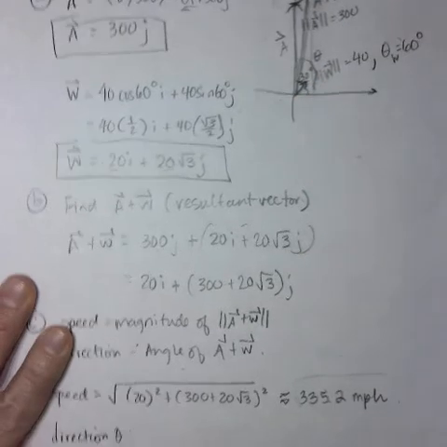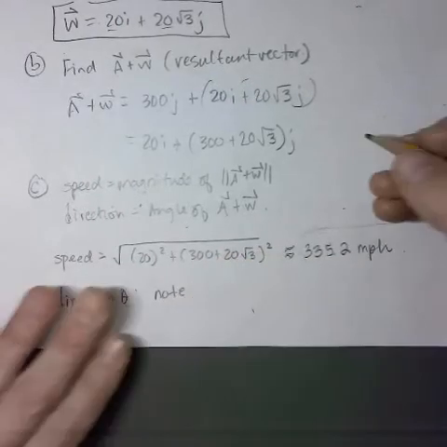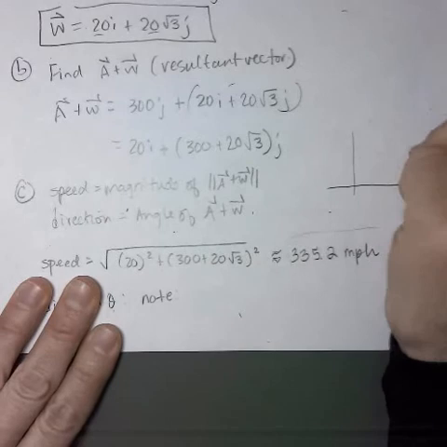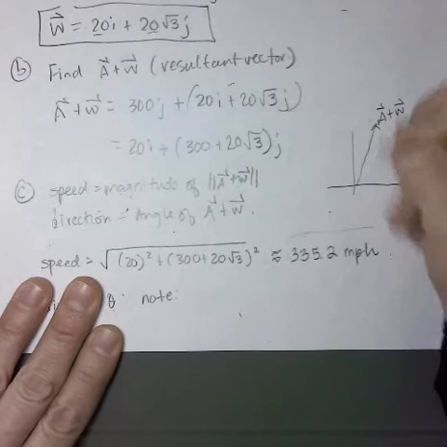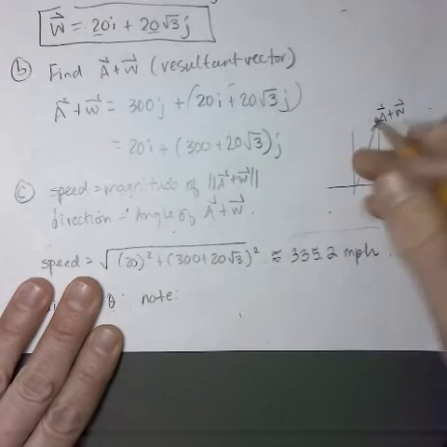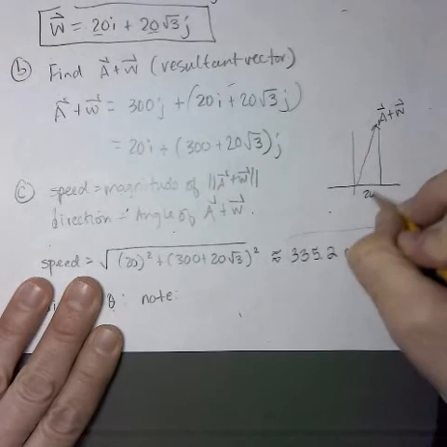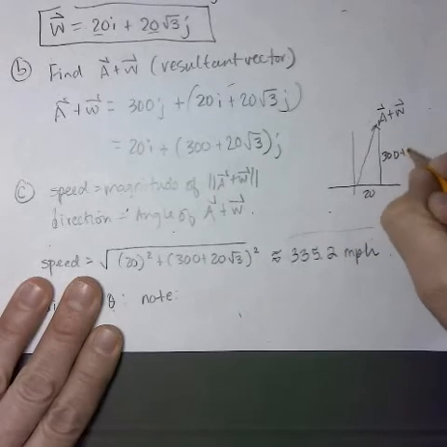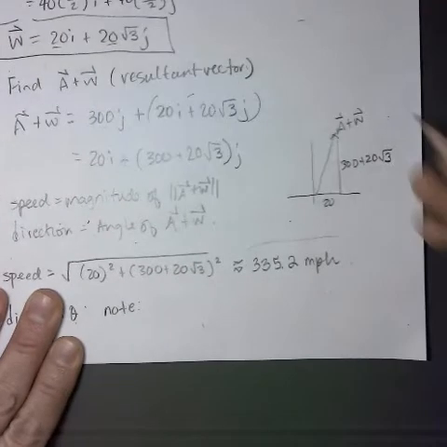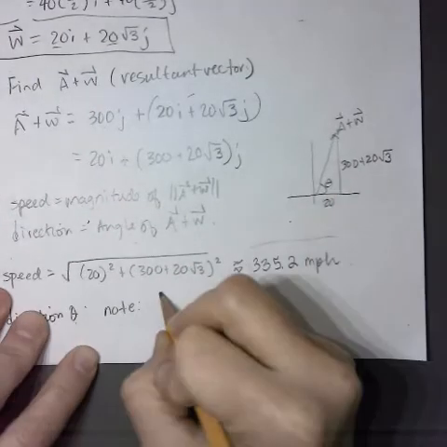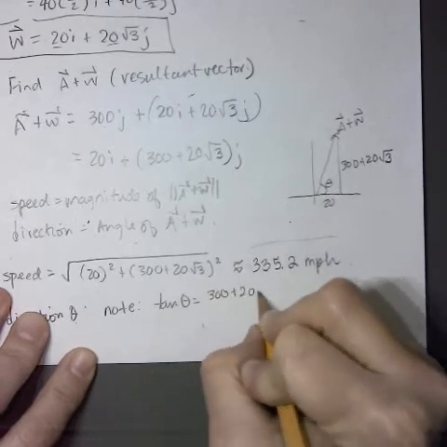So note that the tangent of theta, here I'll draw it here, so if this is A plus W, this is 20, and this is 300 plus 20 radical 3, and this is theta, so the tangent of theta equals 300 plus 20 radical 3 over 20.